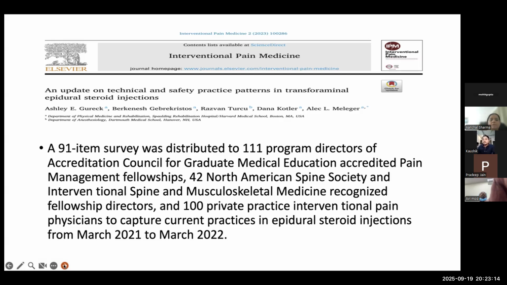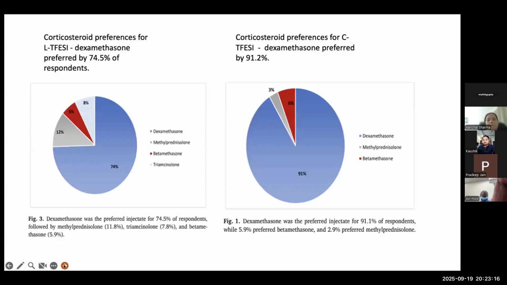In the next slide, we can see that dexamethasone was preferred by 91% of responders for cervical transforaminal, and for lumbar it was 74.5% of the responders.